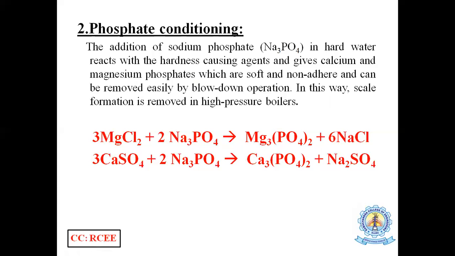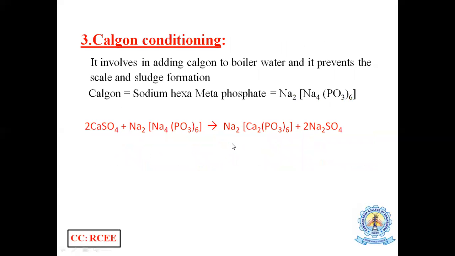This soft precipitate formed in the boiler can easily be removed by filtration or blow down operation. So this is one of the methods, phosphate conditioning, where we use sodium phosphate to precipitate the hardness-causing agents. And the third one is Calgon conditioning.